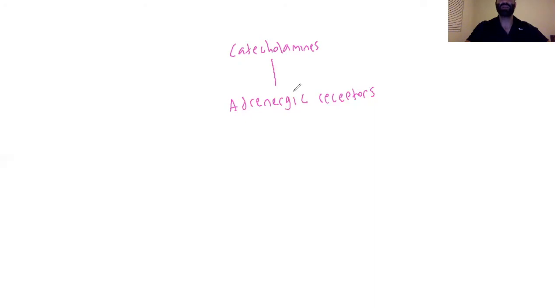So either epinephrine or norepinephrine can bind with the adrenergic receptors, but the affinity is different, meaning that if epinephrine is present, then it's more likely to bind with, for example, an alpha-2 receptor than norepinephrine is. So let me clarify this a bit. I just don't like the way this is written.